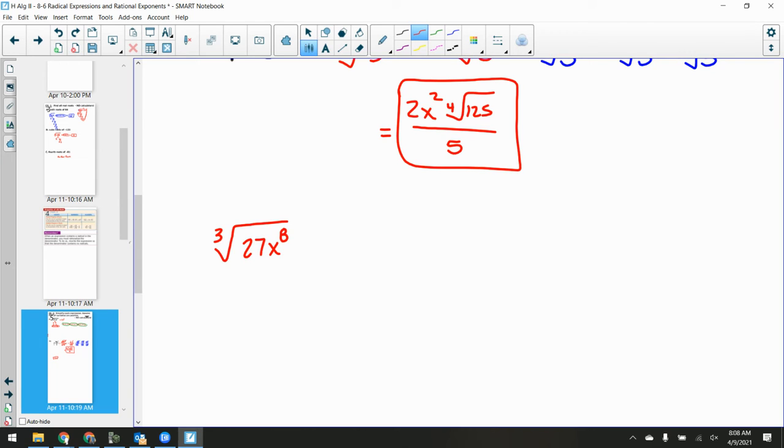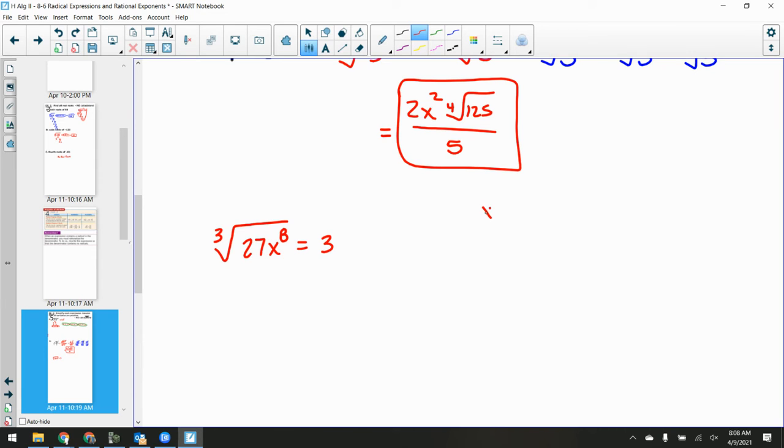What is the 3rd root of 27? Well, that's 3 times 3 times 3. But x to the 8th, what happens if I take 8 and divide it by 3? I get a decimal, right? I get a remainder. So what do I do with something like that?